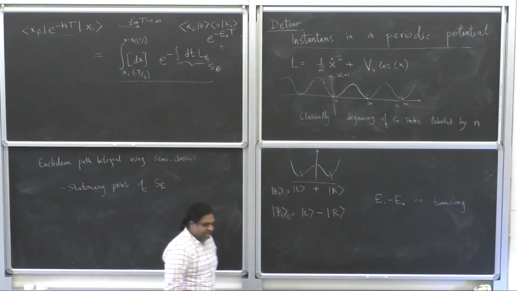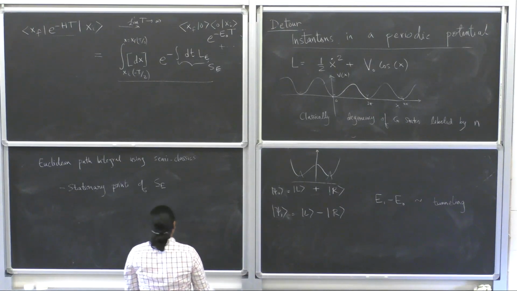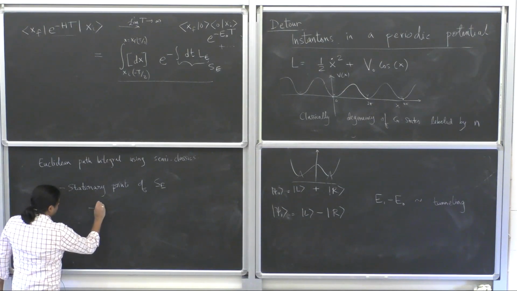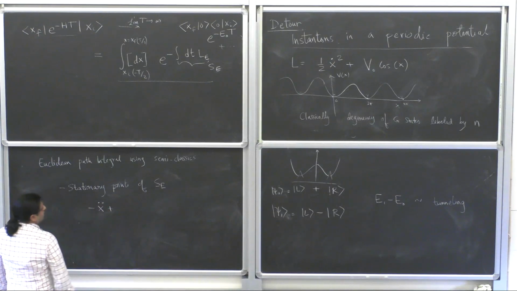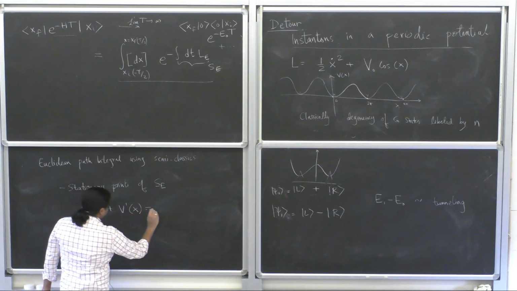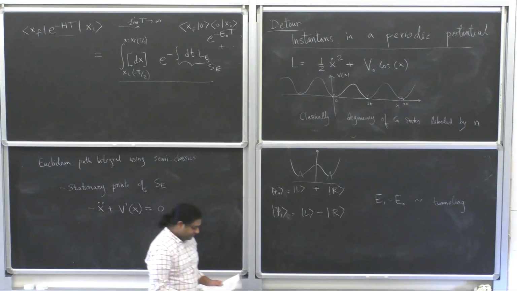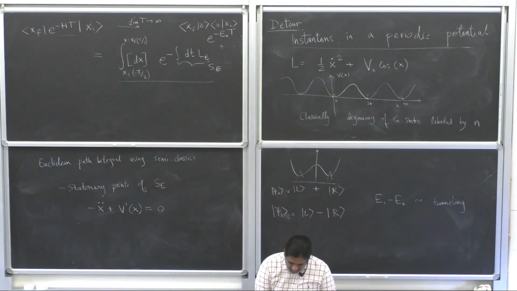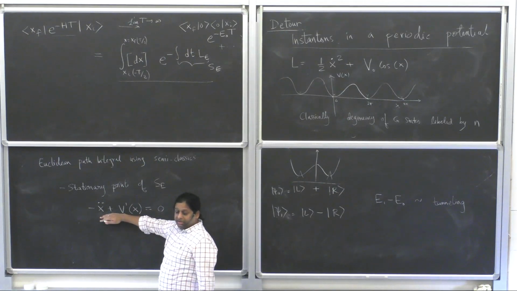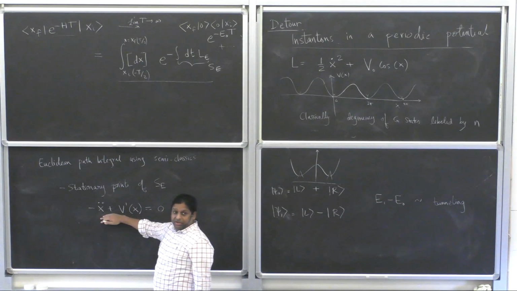Stationary points of the Euclidean action are just solutions of the Euclidean equations of motion, which are, in our case, these. So this is the equation of motion for the particle, but with an inverted potential.